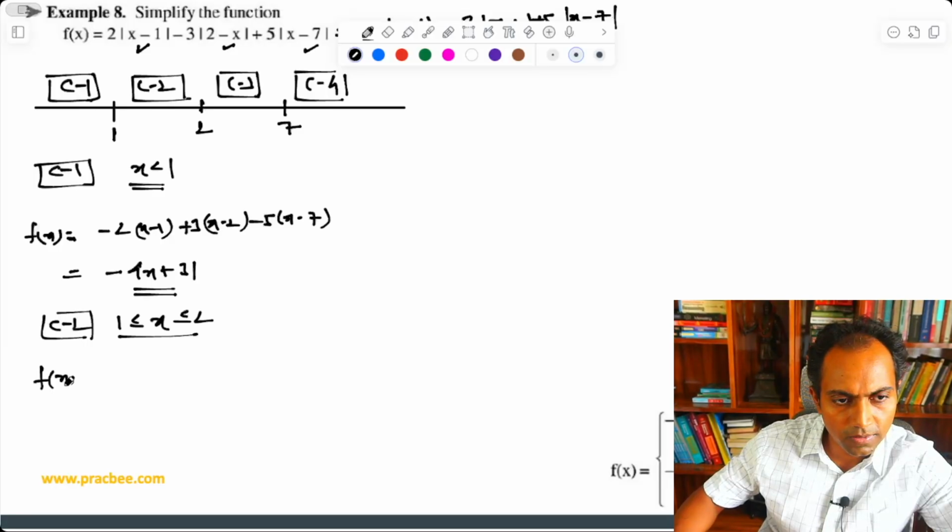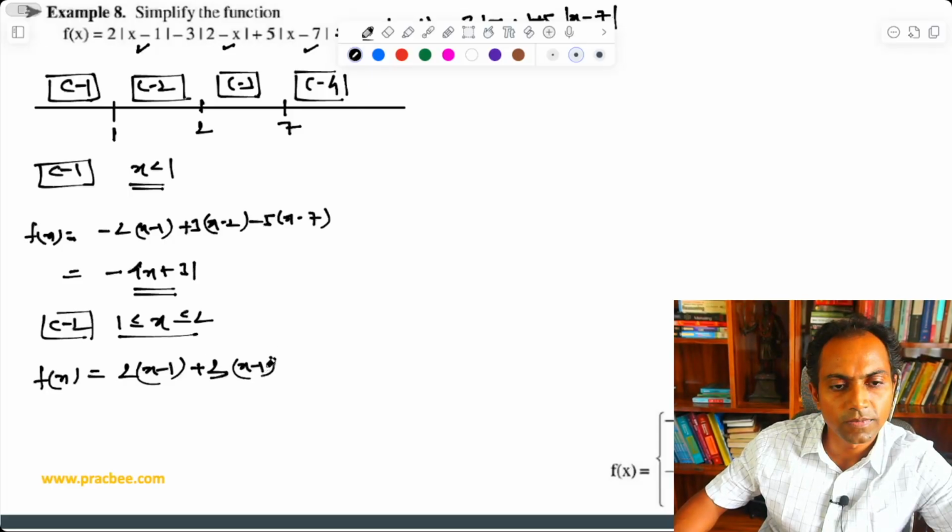What will happen? The first one will open with a positive sign now. So, 2 times x minus 1 it will be. The second one still opens with a negative sign, so this becomes plus 3 times x minus 2. And the third one again opens with a negative sign, minus of x minus 7.